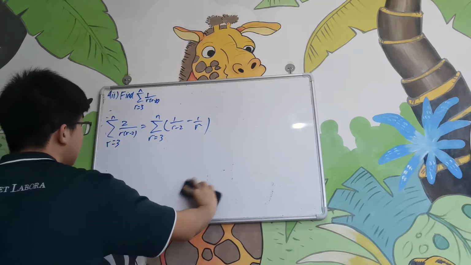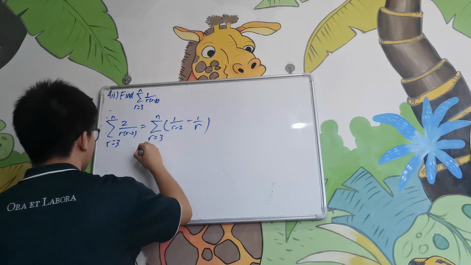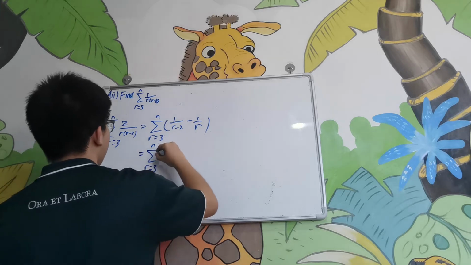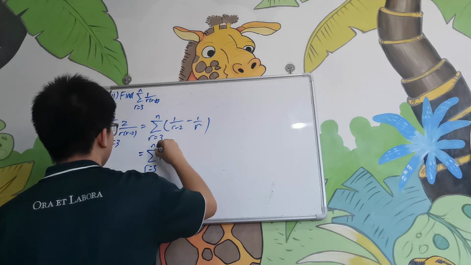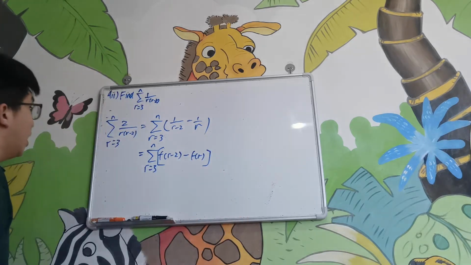Alright? And then you realize that this is in the form of summation of r equals to 3 to n of f(r minus 2) minus f(r), where f(r) is 1 over r.